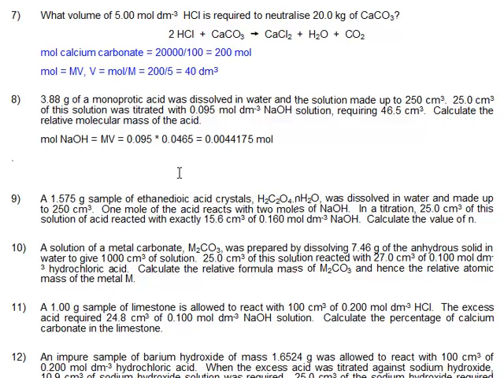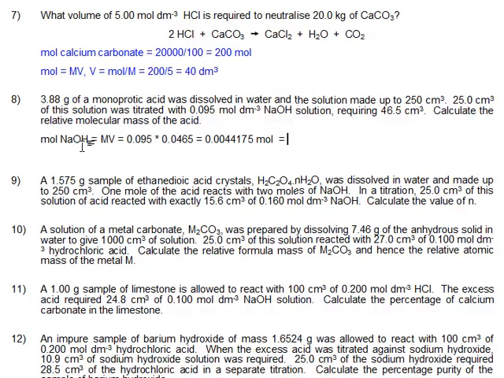moles. Now we're told it's monoprotic, and that means that we'll have the same number of moles of acid, because there's one OH group in sodium hydroxide, and a monoprotic acid will have a formula of HA, so moles of HA will be the same.